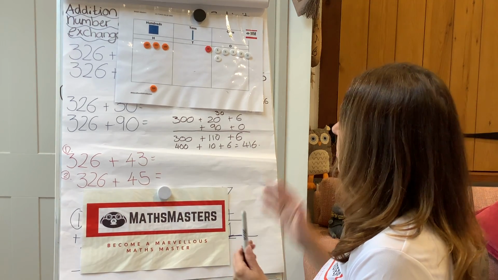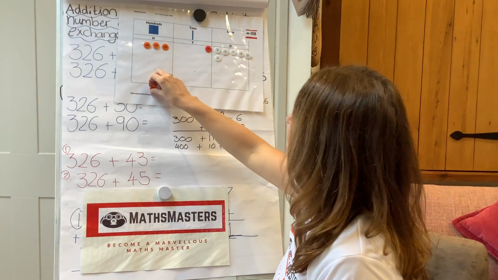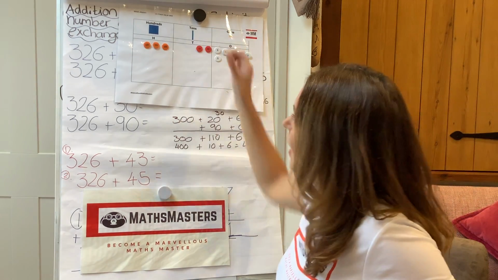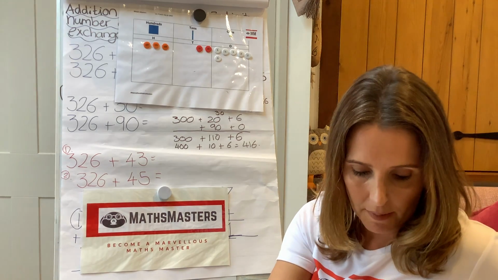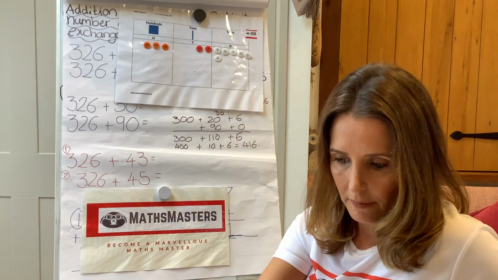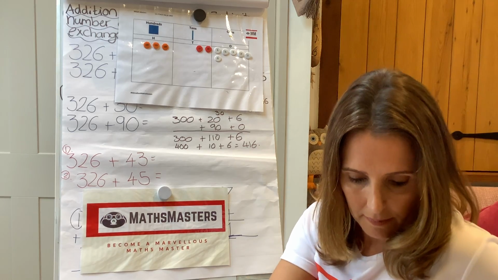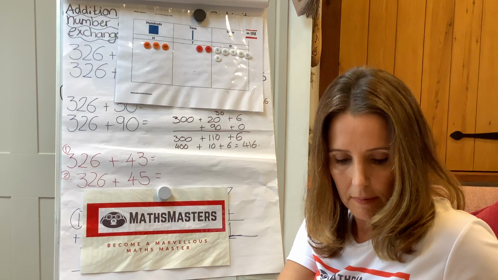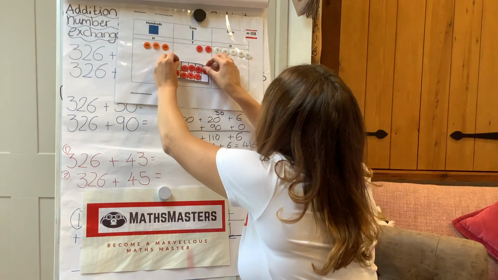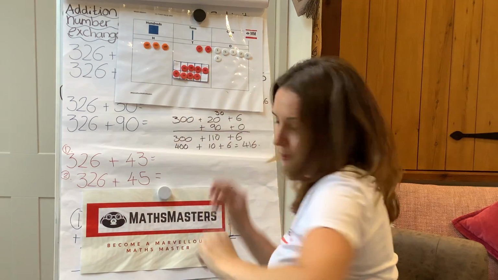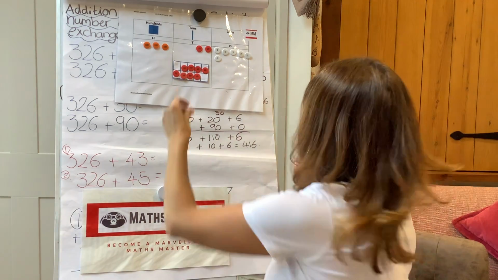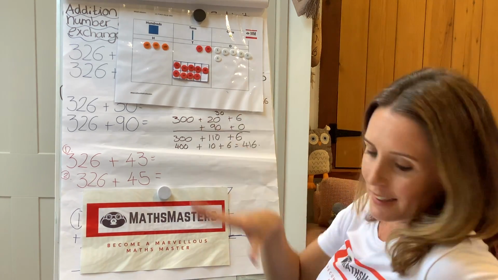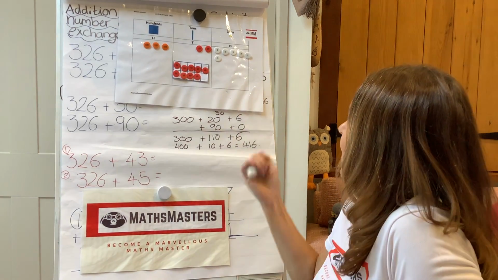Okay, we can also do this using the formal column method of 326, adding on 90. I don't know, they don't stay on, do they? 326, adding on 90, and we can do this using a column method this time.